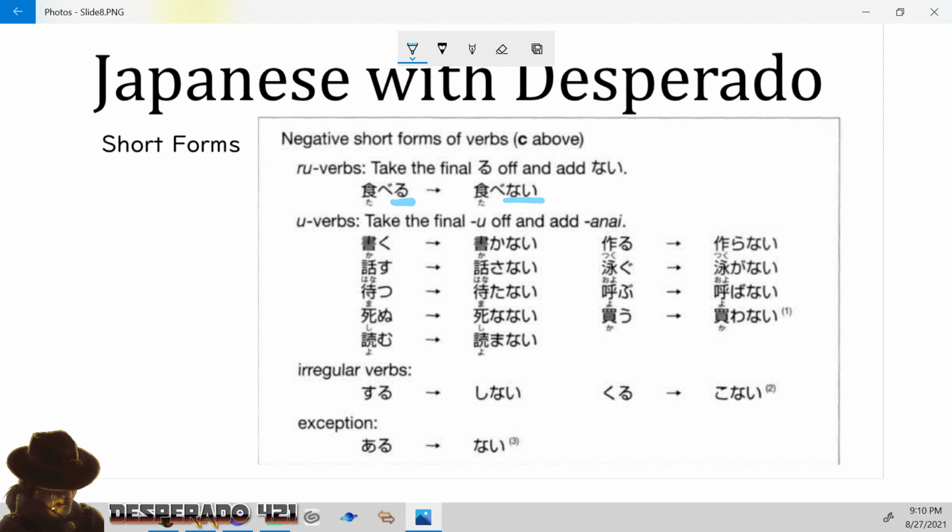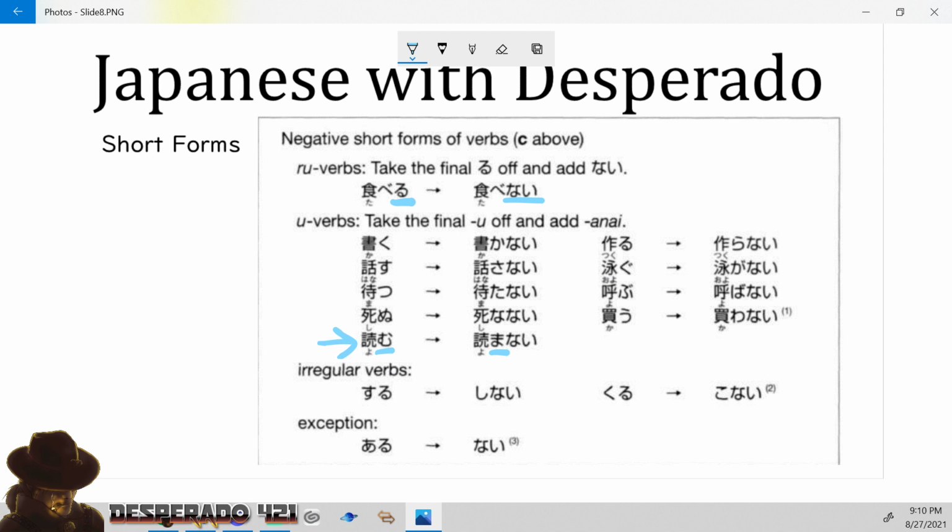If that makes sense. And then for u verbs, like we were saying before with yomu, how yomu went into ma and became yomanai, we're going to do that for the rest of them.